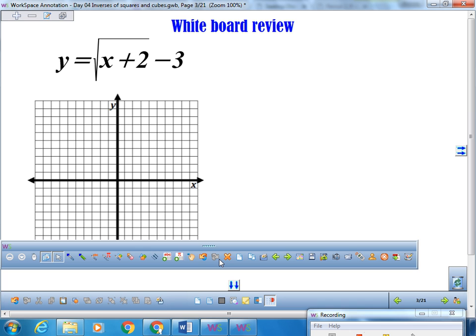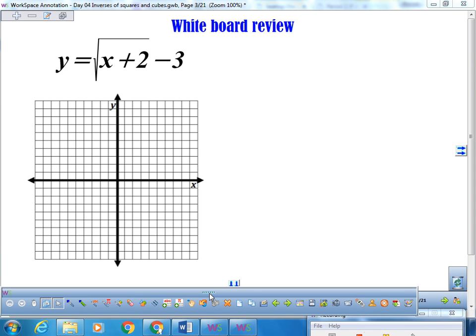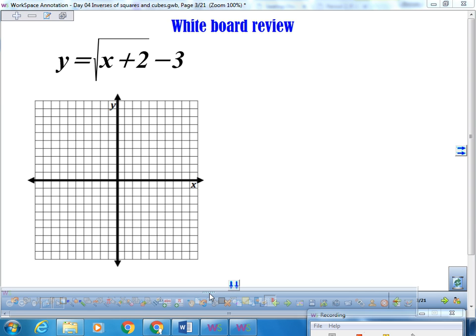I need to move. There it is. All right, can you guys show me this on your whiteboard? If you're not, you should be using either a whiteboard that has a graph or one of those green ones so I can actually see it.